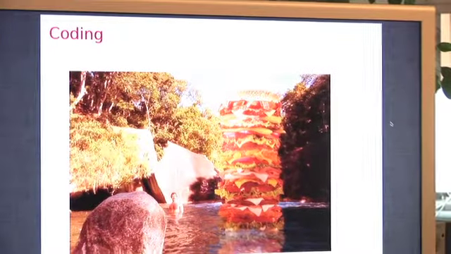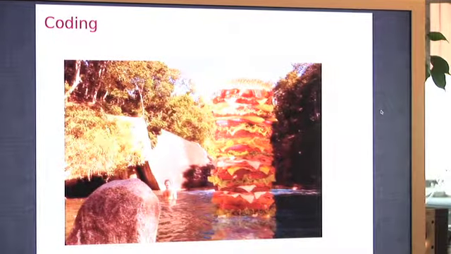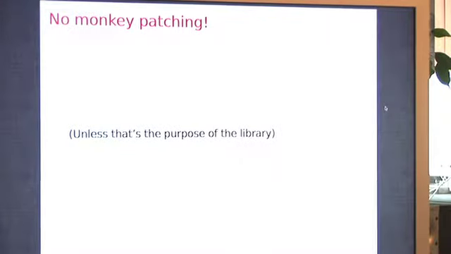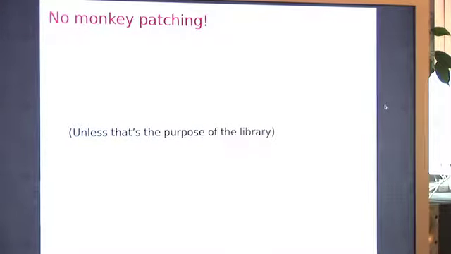All right, so let's talk about how we write the code in a library, some guidelines for that. First and foremost, don't monkey patch, especially don't monkey patch anything you don't own. And if you do own it, then you're not going to be monkey patching it.